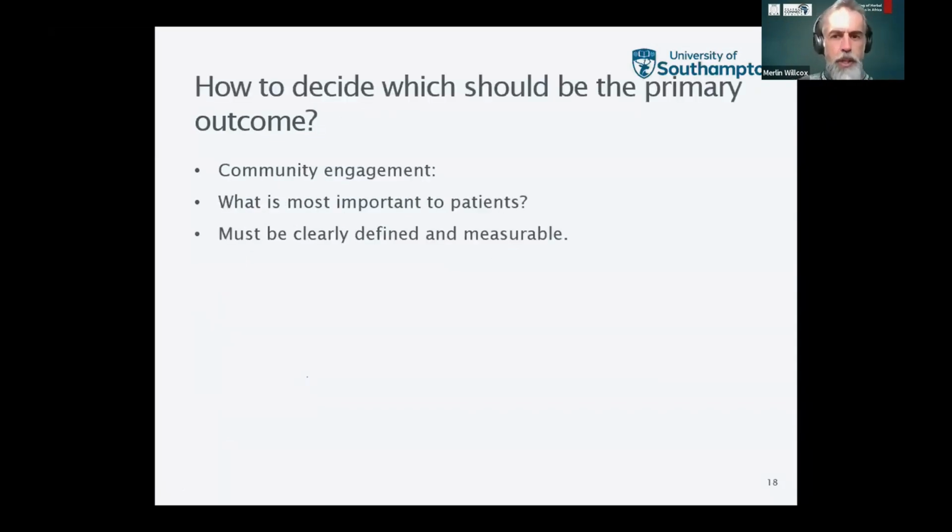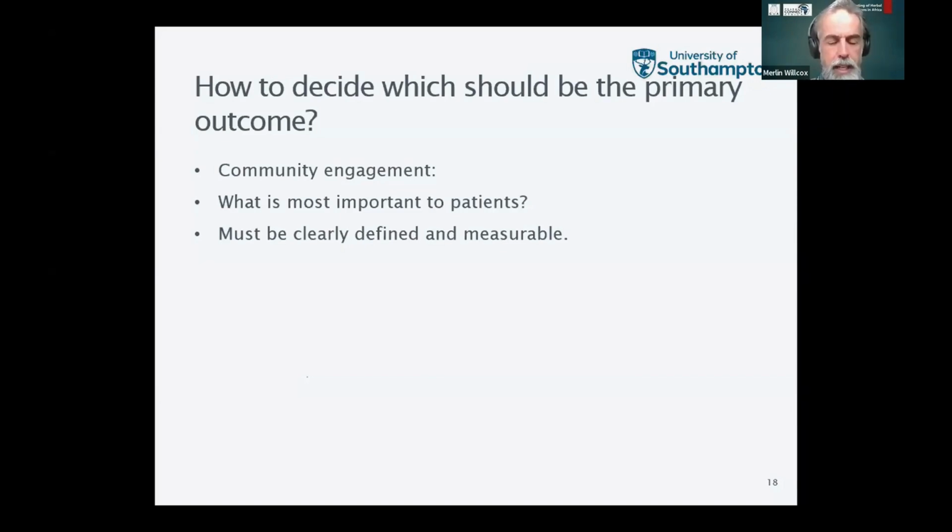So how do you decide which should be the primary outcome? It's really important to do some community engagement and to find out what is the most important thing for patients. So in the UK now, our funders require us to do public and patient involvement prior to starting any clinical trial. And this is the sort of thing in which we need their input because we want to choose an outcome which is meaningful and most important for them.